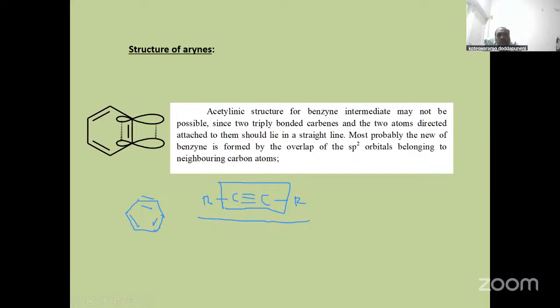That is the only possibility to generate the aryne, because C triple bond C is the only assumption. If C triple bond C is generated, that should be a linear structure. But in the case of cyclic compounds, the linear structure formation is not so easy. Okay.